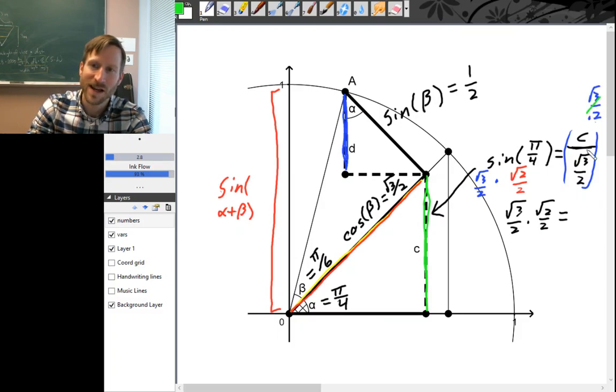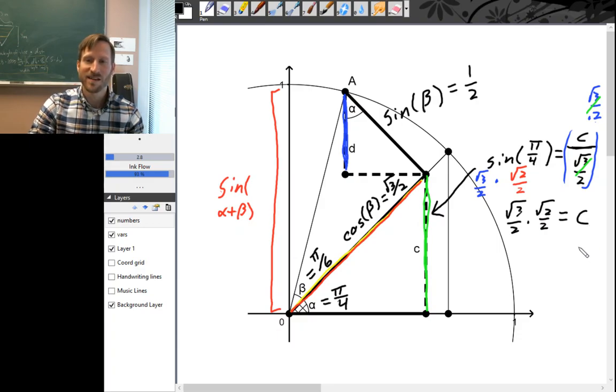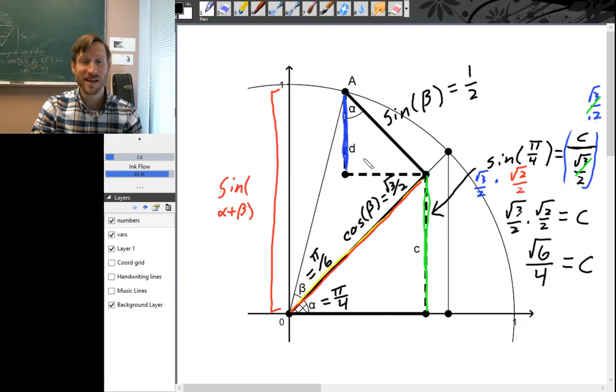And on the right-hand side, those are going to cancel. So we get just c on the right-hand side. So now we know what c is. C is root 3 times root 2 is root 6 over 2 times 2 is 4. So that's c. Now we can play the same game with this top triangle.